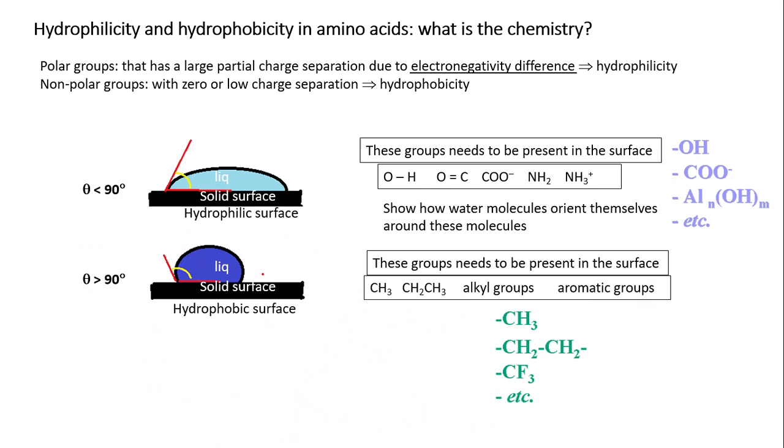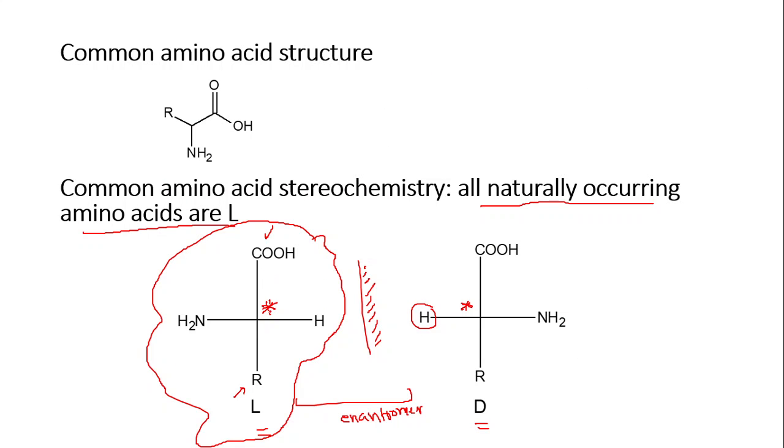That is the DL nomenclature of naturally occurring amino acids. Their positions in 3D space are always fixed, regardless of which amino acid it is. Let's keep in mind that they are always in the L configuration.